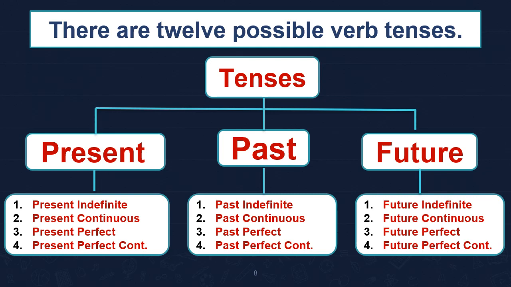For example, present is divided into present indefinite tense, present continuous tense, present perfect tense, present perfect continuous tense. Past is divided into past indefinite tense, past continuous tense, past perfect tense, and past perfect continuous tense. And similarly, future is also divided into future indefinite tense, future continuous tense, future perfect tense, and future perfect continuous tense.